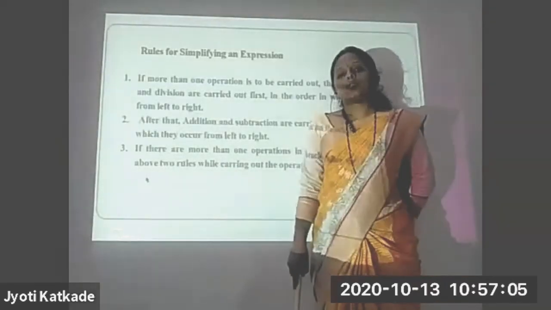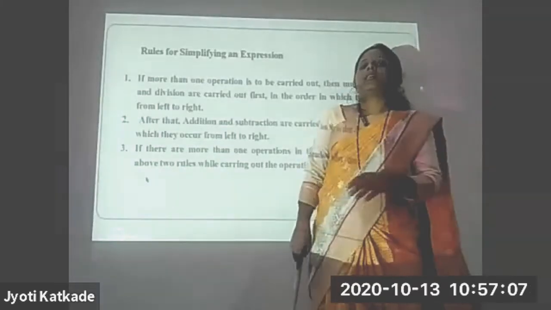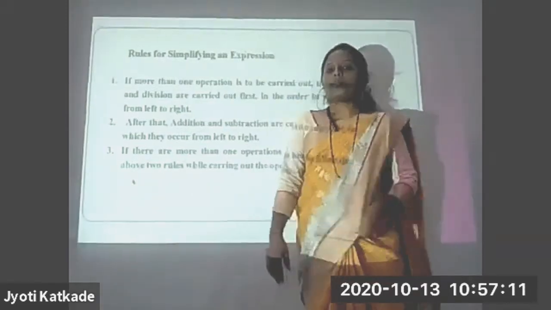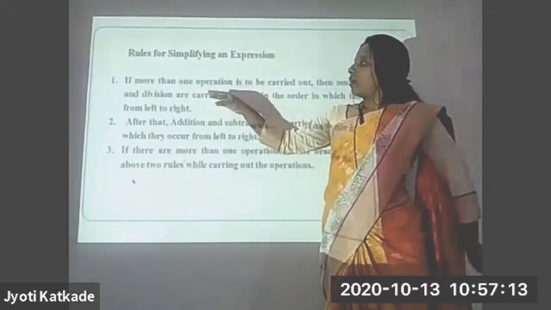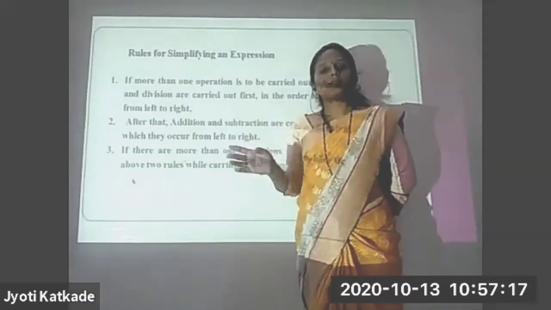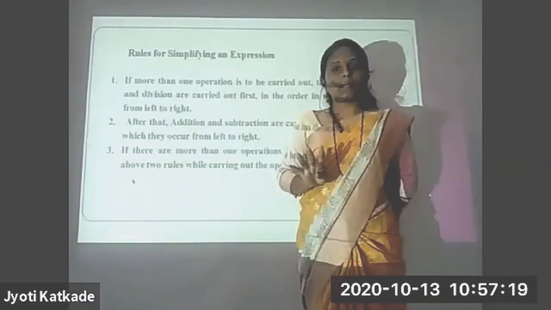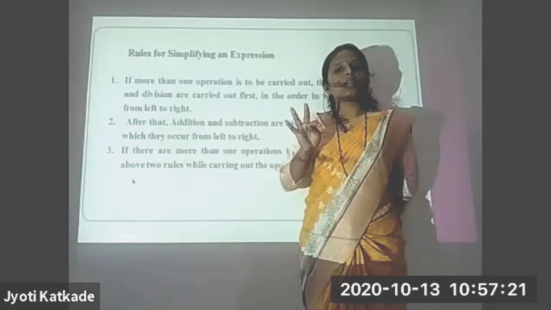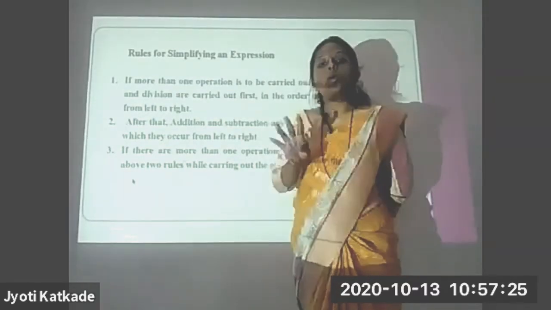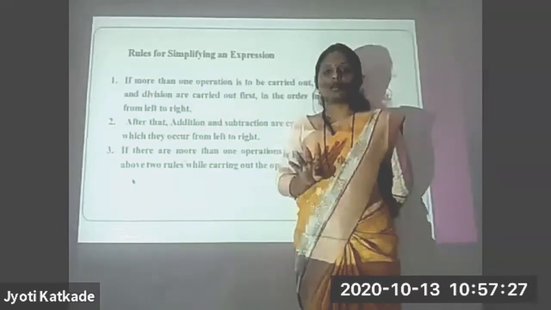Same meaning, which rules are there? If there is one example, okay. So more than one operation means which four basic operations in mathematics? Addition, subtraction, multiplication and division. These four are basic operations in mathematics.